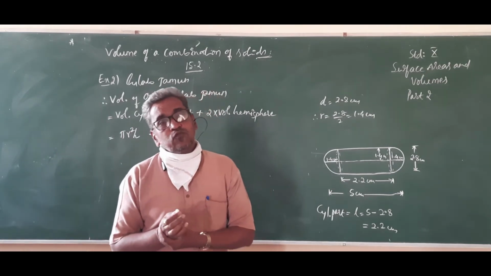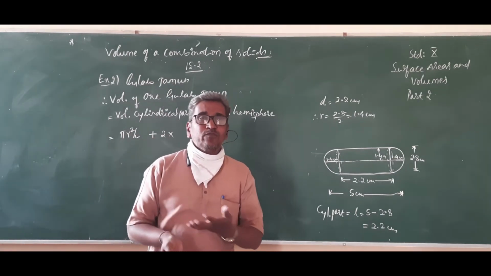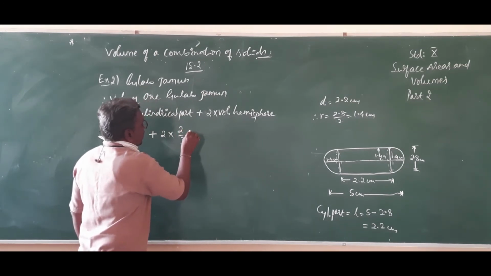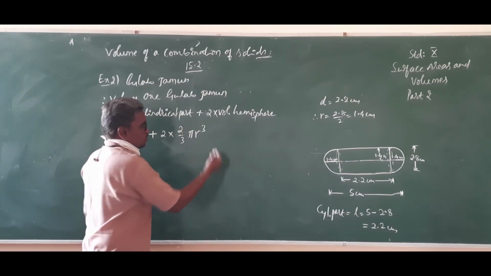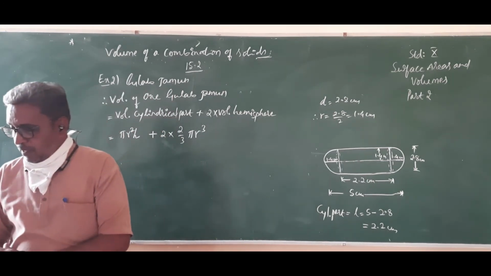Volume of a sphere is 4 by 3 pi r cube. Volume of a hemisphere is half, that means 2 by 3 pi r cube.